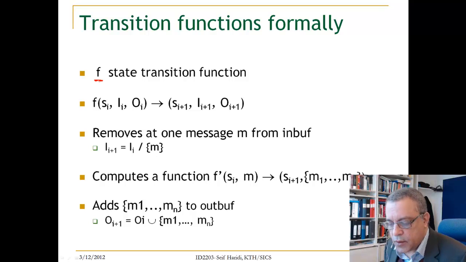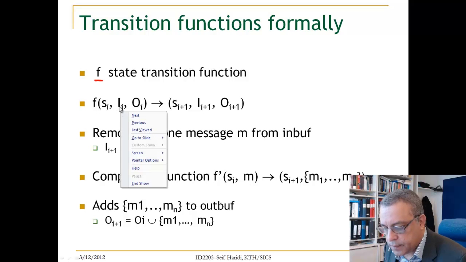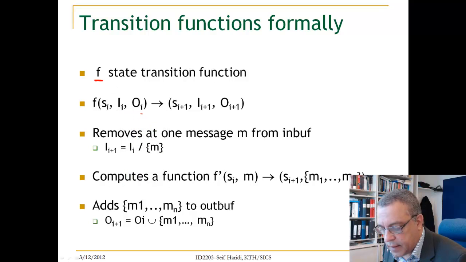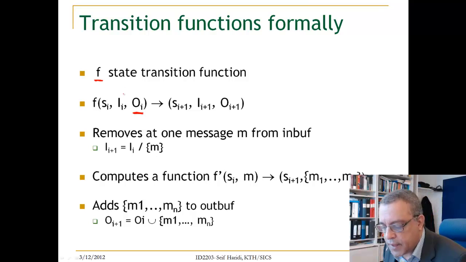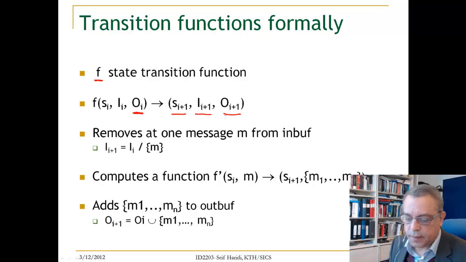It takes the input state, which is the current state, the set of messages on the input buffer, and the set of messages on the output buffer, and transforms this in one step to a new local state, a new state of the input buffer, a new state of the output buffer.